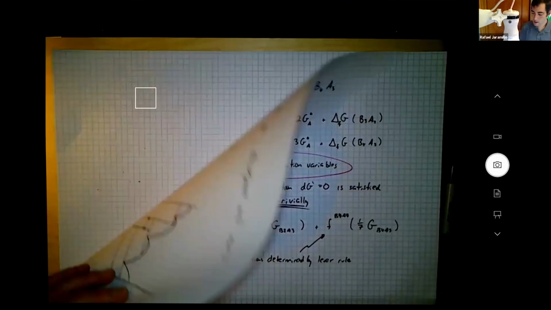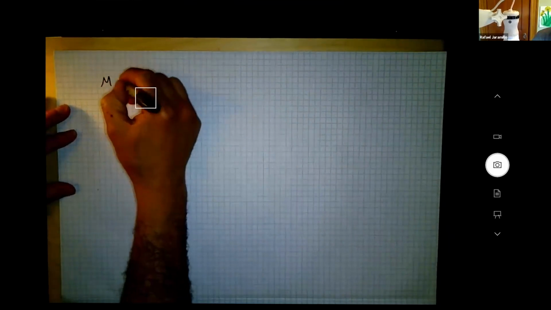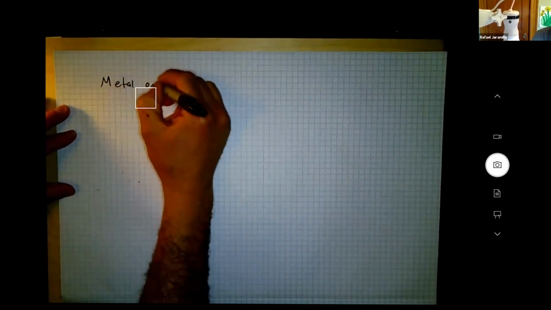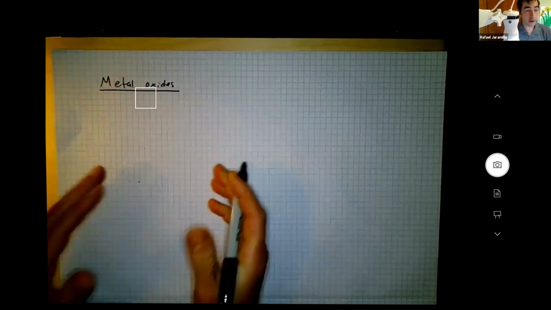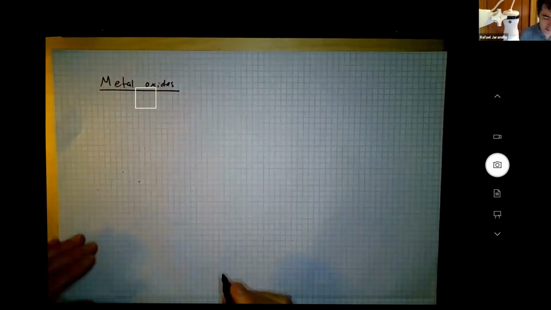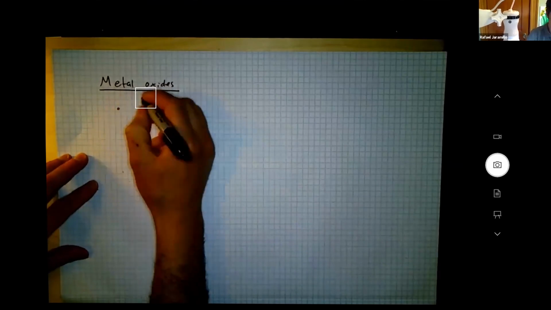Okay. I want to leave you with one final thought, leading into Wednesday's lecture, which is the case of metal oxides, which are line compounds. It's on topic, but I want to introduce this and get it in your minds.